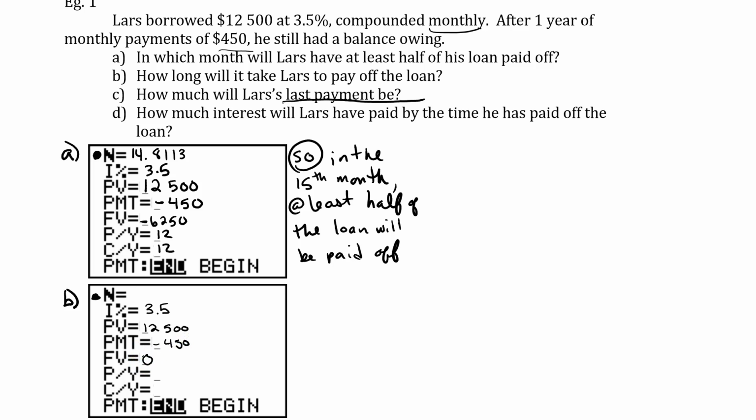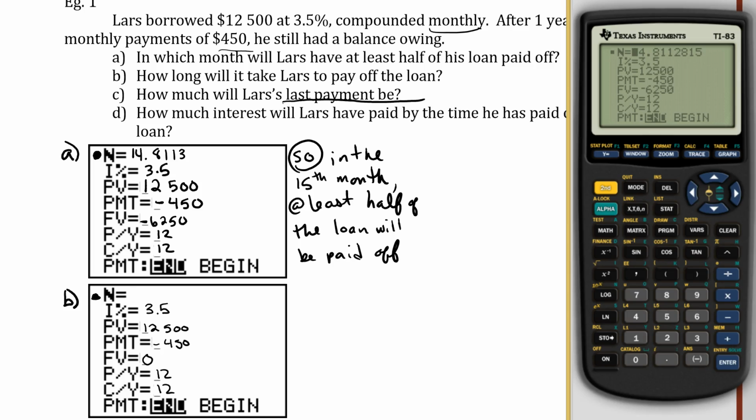Okay, we're going to pay it off so that it's 0. Compounding periods per year and payments per year is still going to be 12. So if I change those values, I do believe on this one, the only thing that I need to change is this to 0, and I'm going to solve again for n.